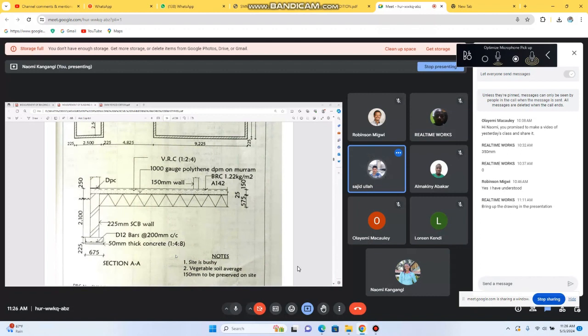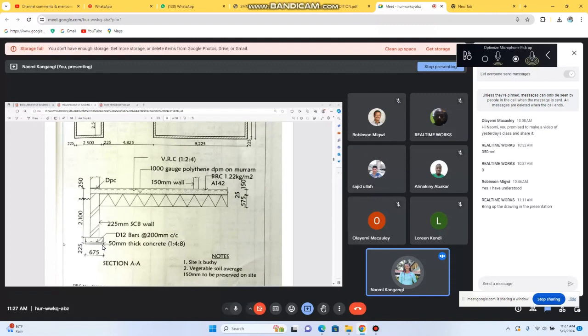We will take this area quantity. While on the side we are doing the opposite. For example, in the drawing they have given 675 width, but on the side we are excavating extra for working spaces.